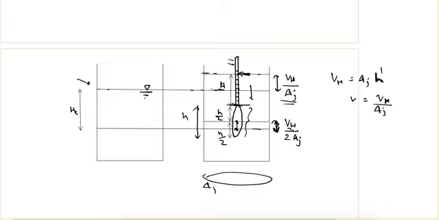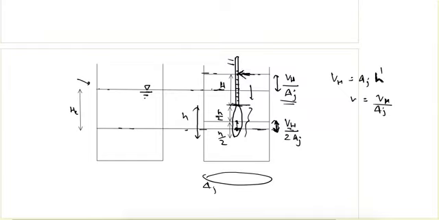H dash is termed as Vh upon Aj, and this is the reference line at which we want to calculate the density of liquid. This is the point where, if we take the reading here, it will correspond to this point.